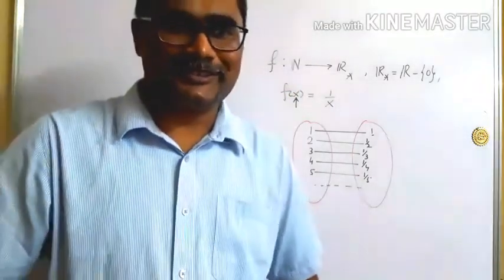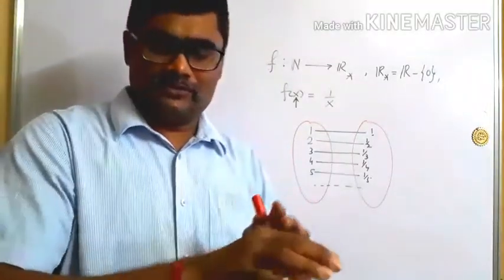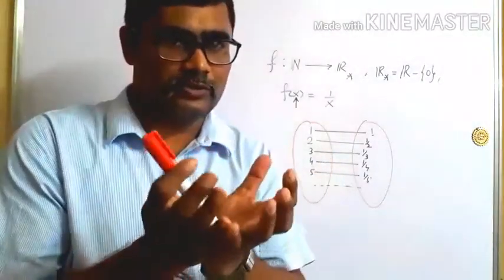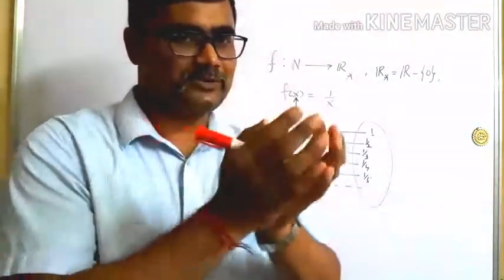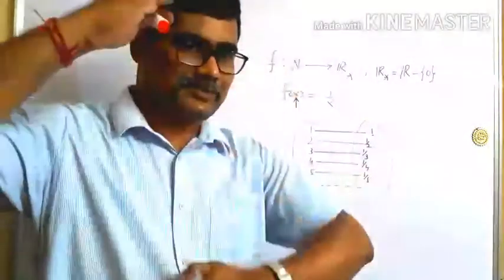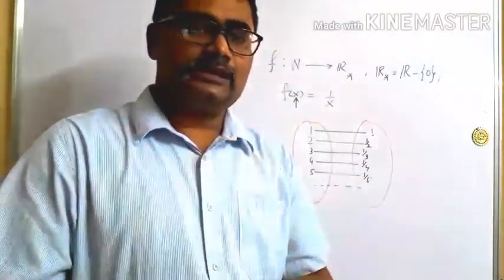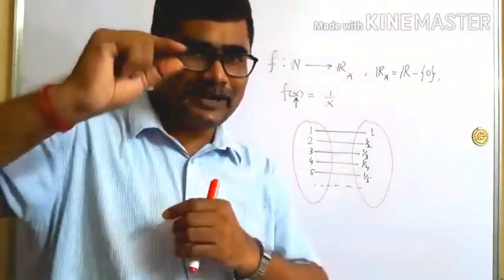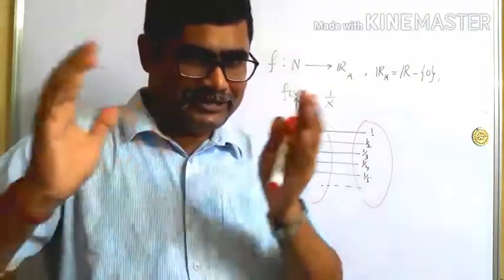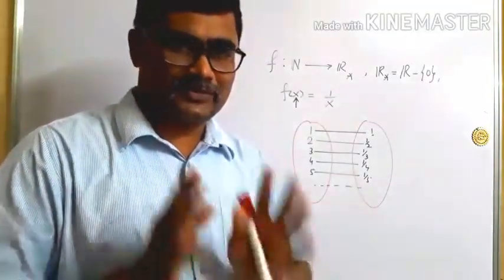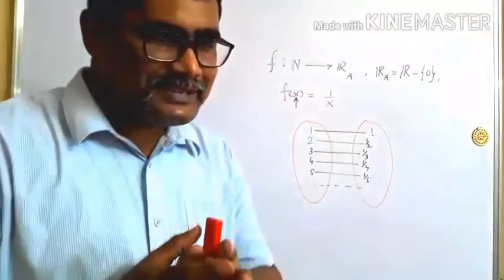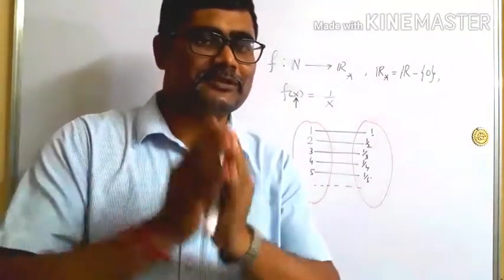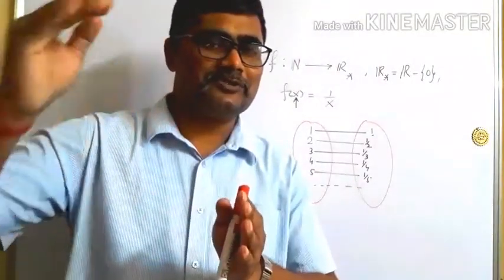Now, can you observe a character? What type of output are you going to get once you give the input 1, 2, 3, 4? You are getting the reciprocal. And as you are giving natural numbers as input, the reciprocal will always contain 1 in the numerator and the input in the denominator, right? So it's a general case. If you give input 3, 1 by 3 will come out. So it's numbers of the form 1, 1 by 2, 1 by 3, 1 by 4.